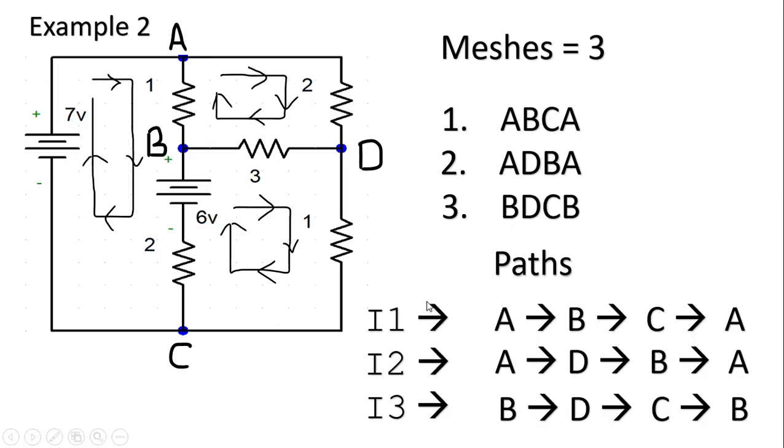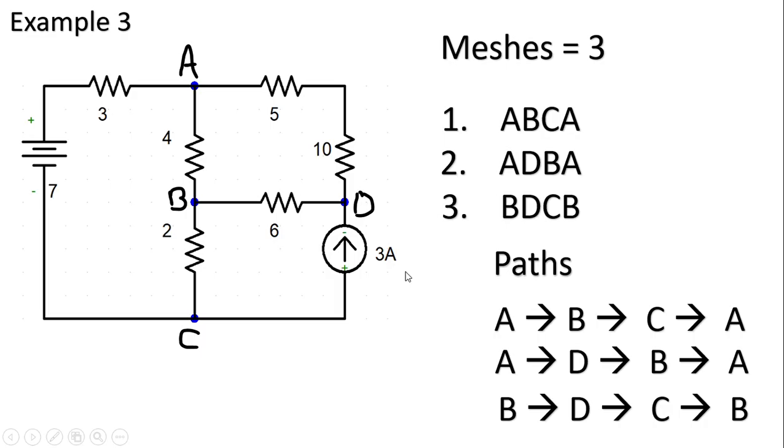Consider the current components I1, I2, I3 in all the three meshes. I1 is the current in the first mesh, I2 is the current in the second mesh, I3 is the current in the third mesh.